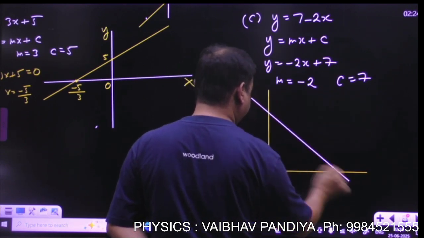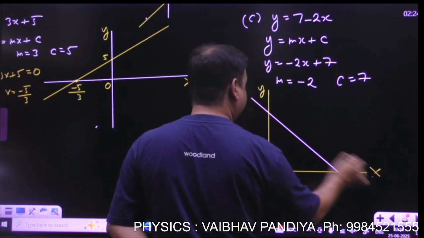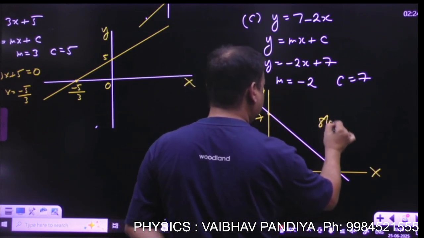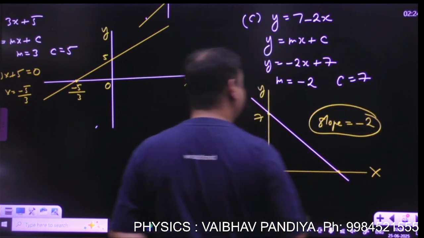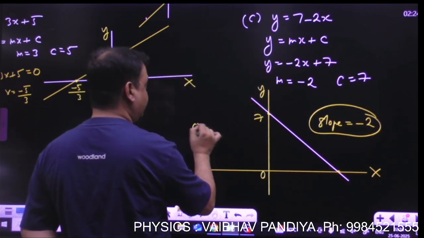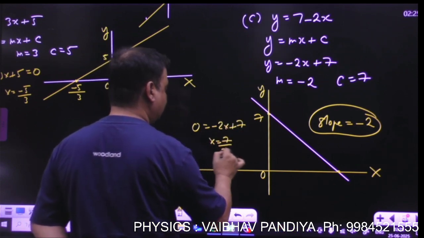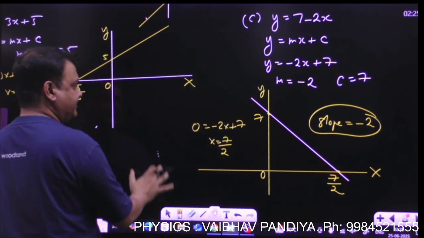So the graph will be like this. Okay, and what is the intercept? 7, and slope will be minus 2. And what will be this value? The value of x when y will be 0. So 0 is minus 2x plus 7. So x will come to be 7 by 2. Got it?